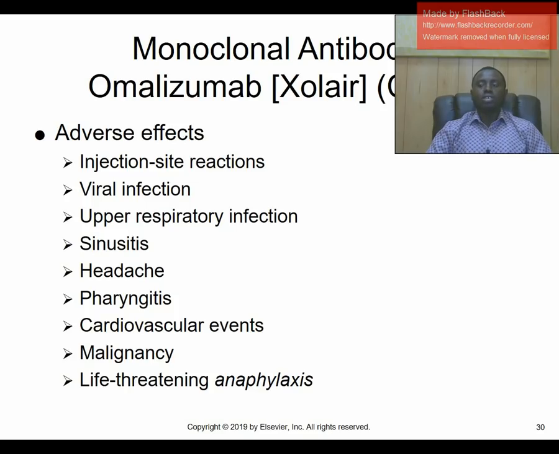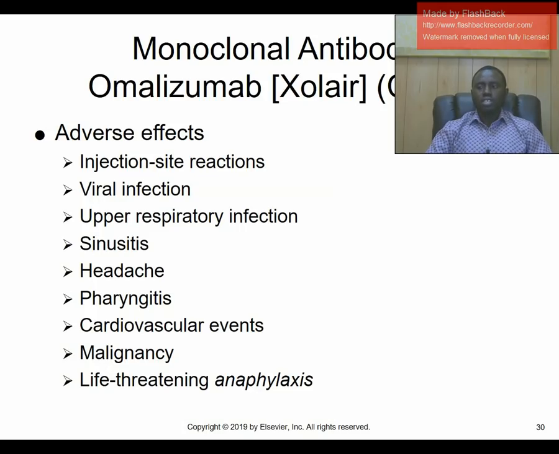And so you will also see an increase in upper respiratory infections as an adverse effect. Sinusitis, headache, pharyngitis, and sometimes cardiovascular events such as increased heart rate or tachycardia.